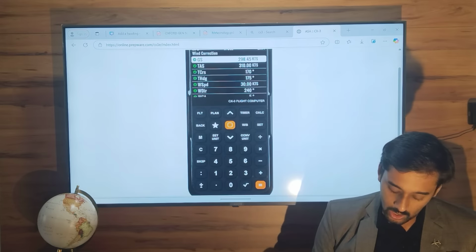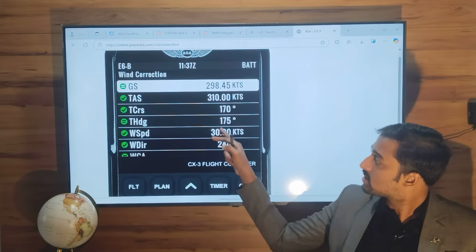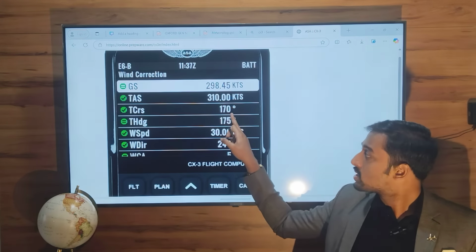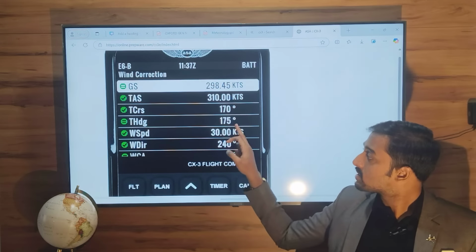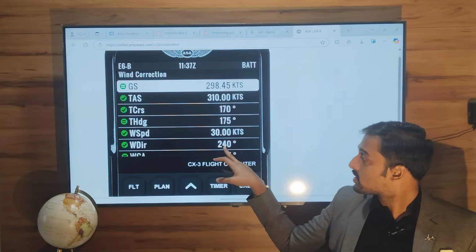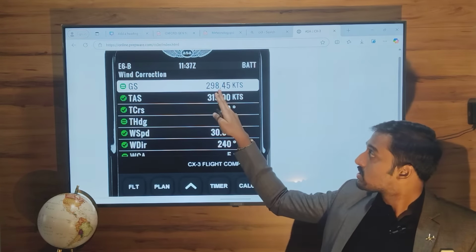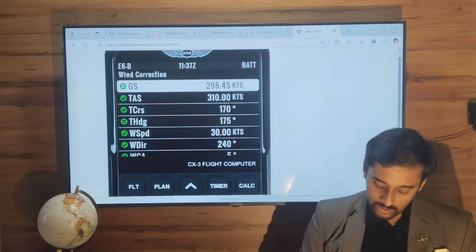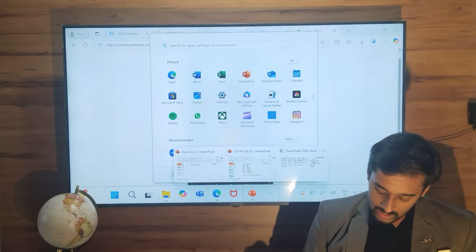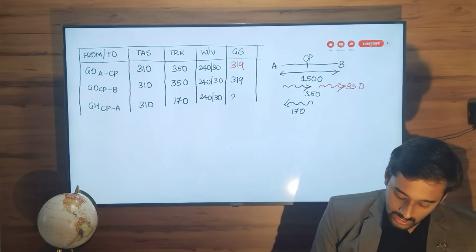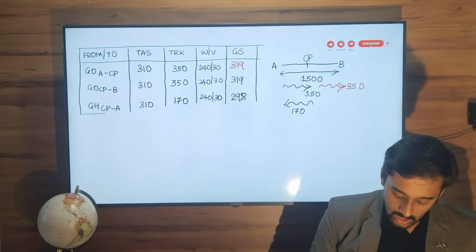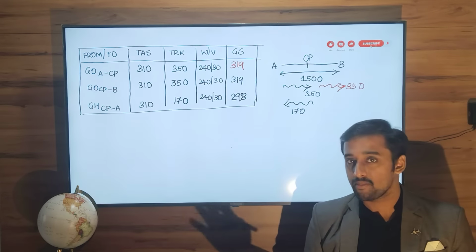So your ground speed in this case is 298.4, so 298 knots. So this is the full table.